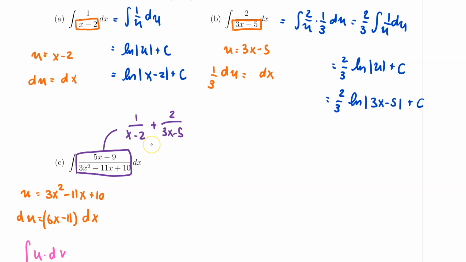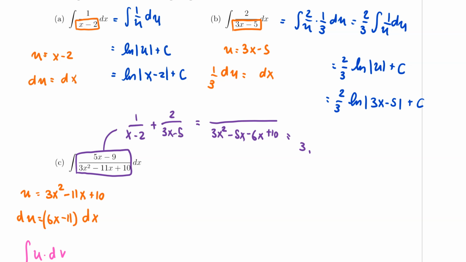To check this, let's add these two fractions. For the denominator, I multiply these two things, so that's going to be 3x squared. The middle term is going to be negative 5x, and then negative 6x, and then plus 10.